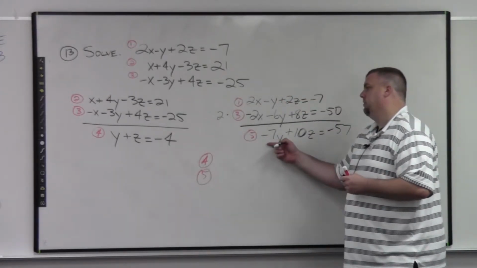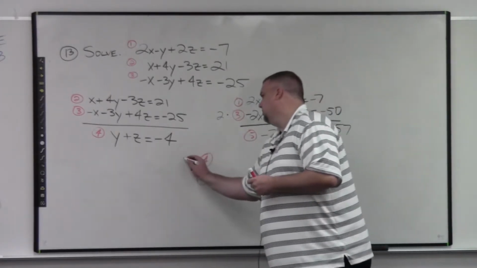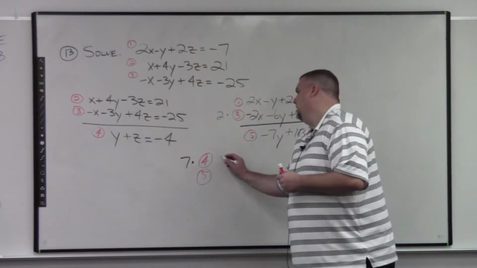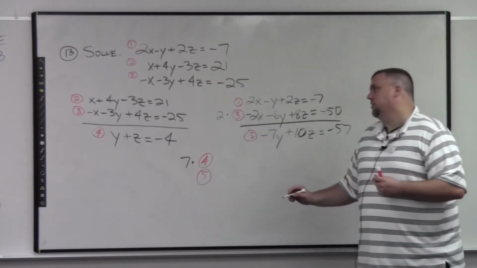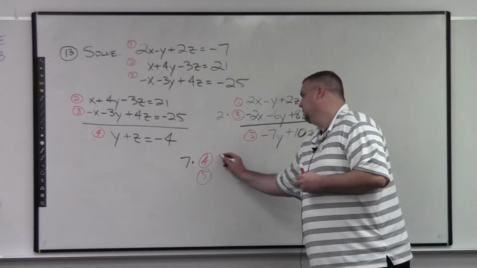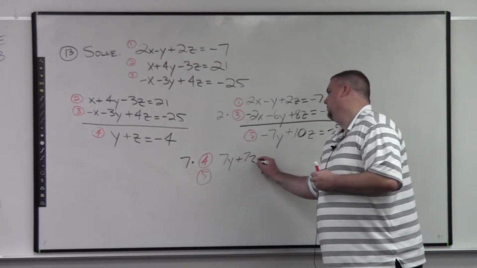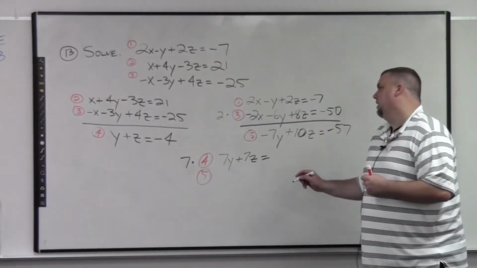Well, I've already got a negative 7 here. So I'm just going to multiply equation 4 by 7. If I multiply equation 4 by 7, what does that give me? 7y plus 7z. 7 times negative 4?